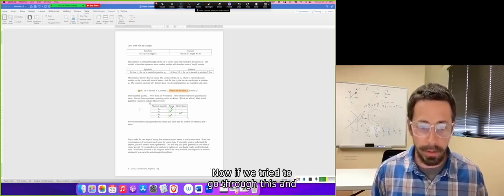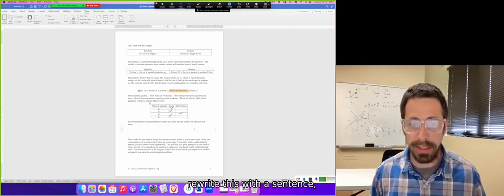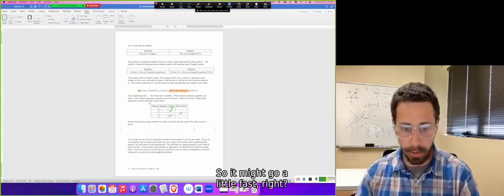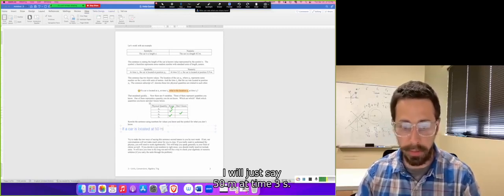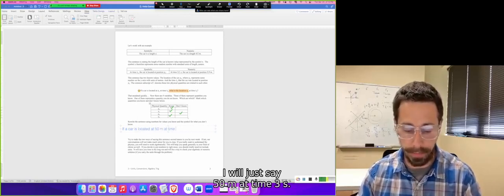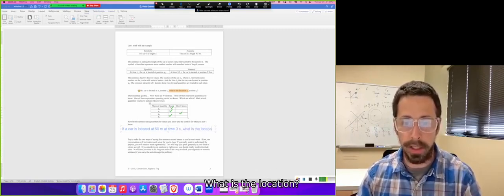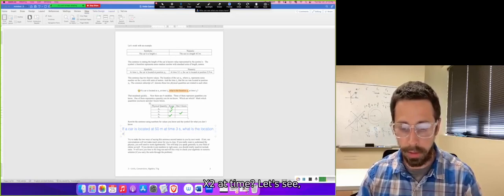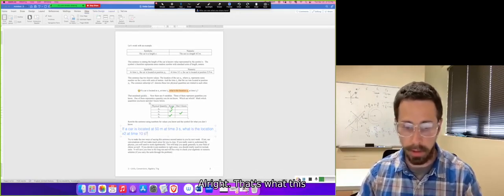Now if we try to go through this and rewrite this with a sentence, right? I'm going to type this out so it might go a little fast. If a car is located at, I'll just say 50 meters at time 3 seconds, what is the location x2 at time, let's see, it has to be after 3 seconds, so I'll just say 10 seconds, right?